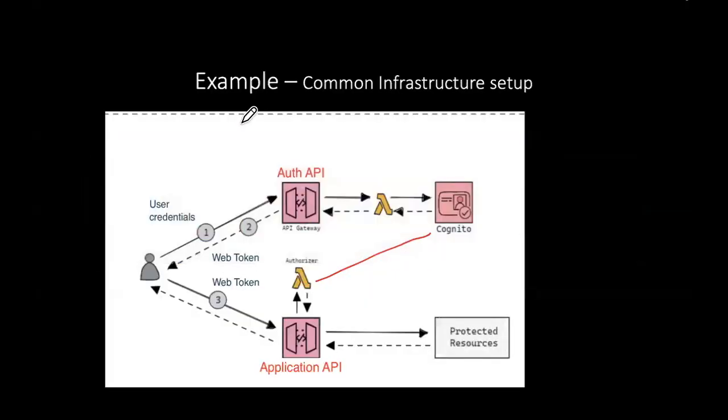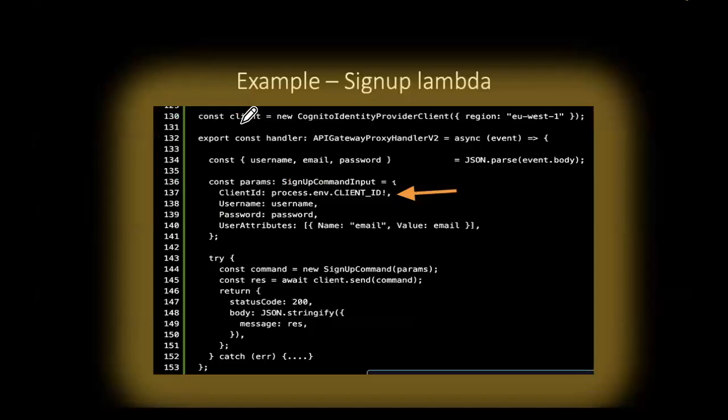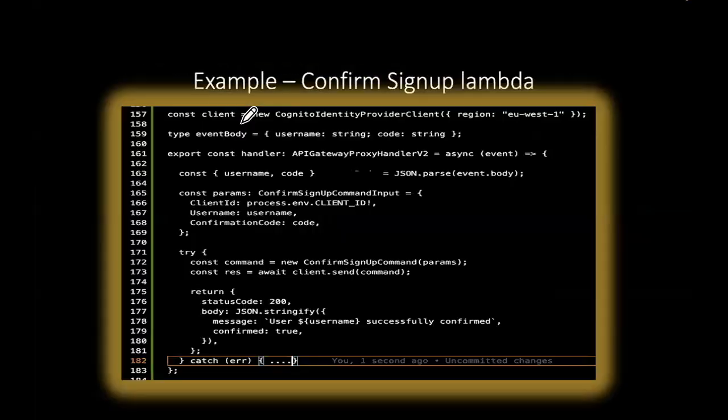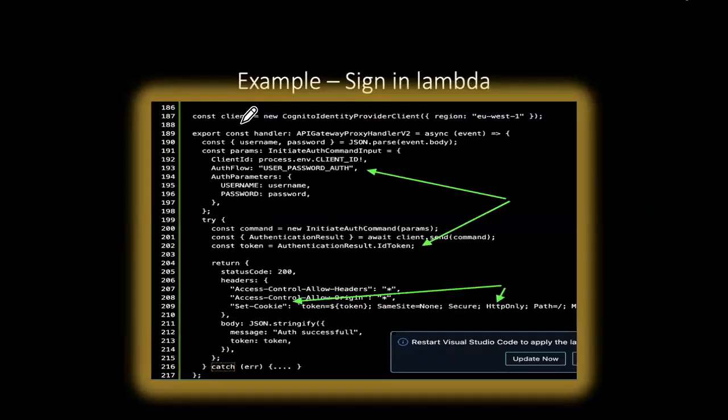So let's go back to our slides. This is the actual sign-in Lambda. Again, it follows the same flow as in get an instance of your Cognito client. The command in this case is this command.